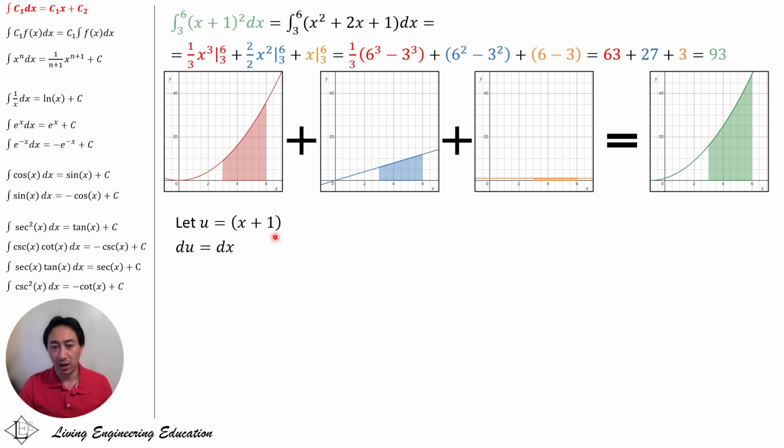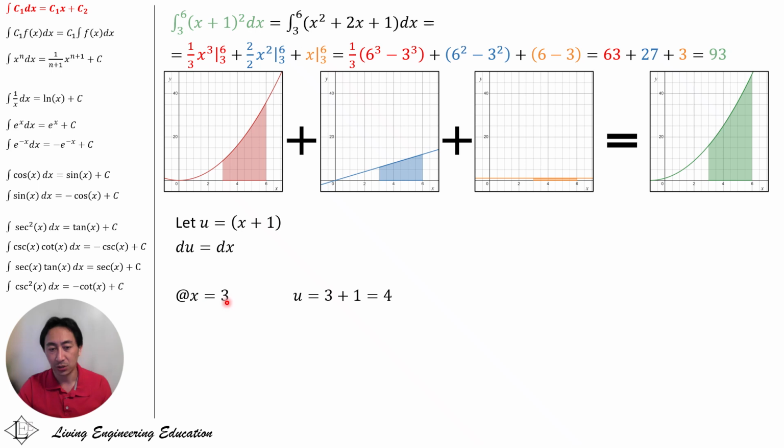Okay, so I have my u substitution. I have my du substitution, or my dx substitution, however you want to look at it. Next thing is I want to write my limit substitution. So I have a lower limit of x equals 3, upper limit of x equals 6. So I need to substitute that. All you're doing there is plugging the lower limit into the substitution and replacing that with a u lower limit substitution.